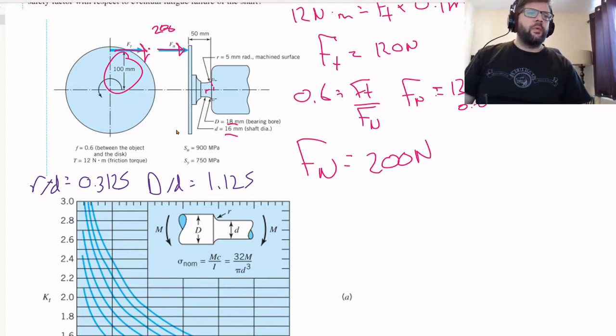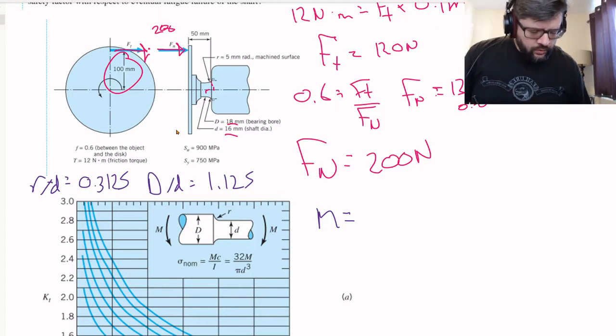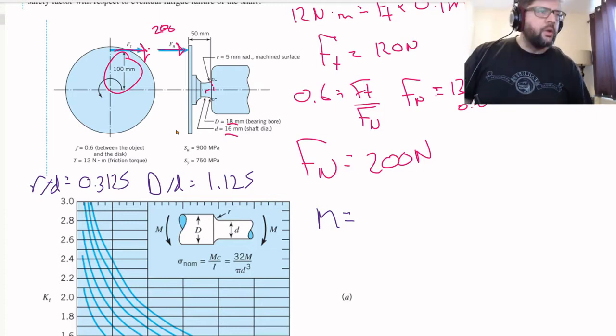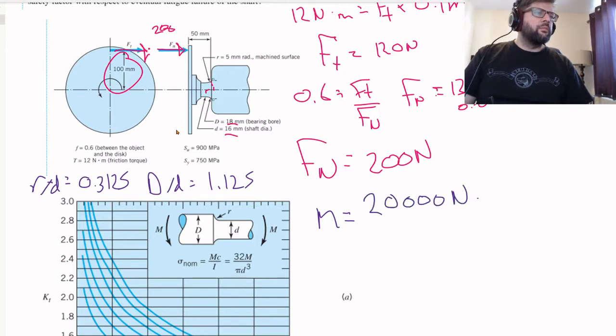So M is going to be equal to 200 newtons times 100 millimeters, so 20,000 Newton millimeters. It's going to be the bending moment caused by this force here.